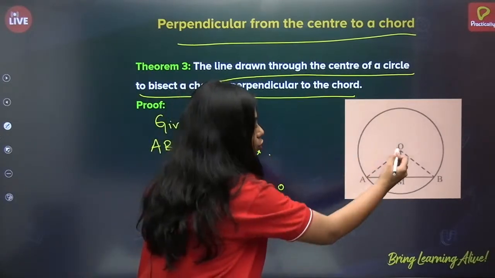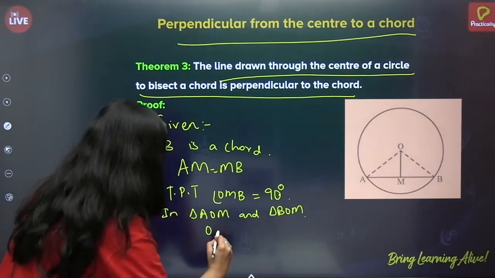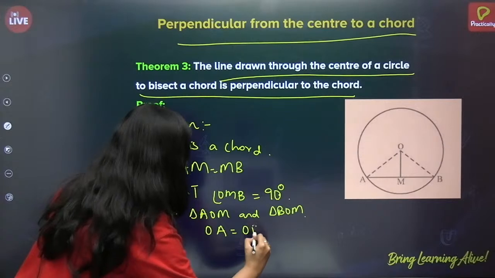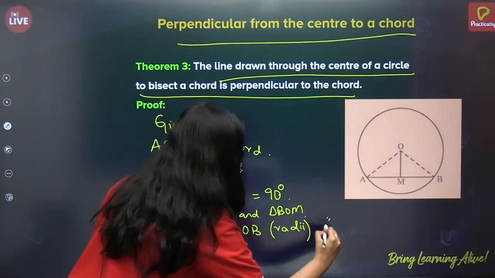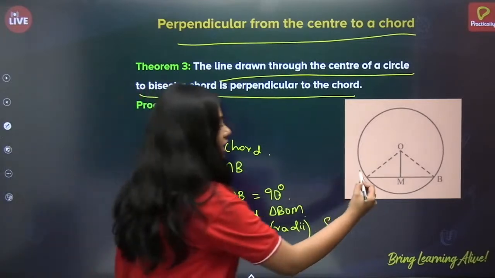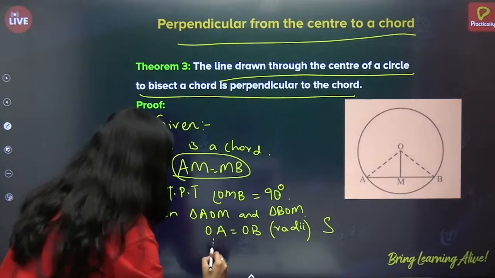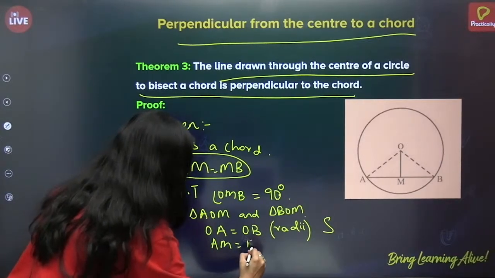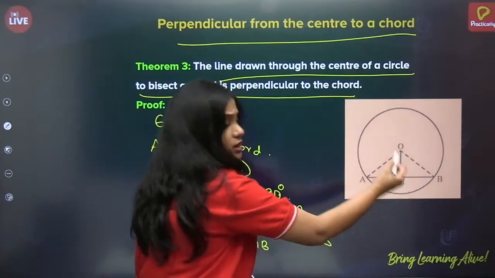So in these two triangles, let us see what do we know. We know that OA is equal to OB. Why? Because they are radii. This is side. Next, AM is equal to MB because it is given. Again, side. Next, OM is equal to MO.